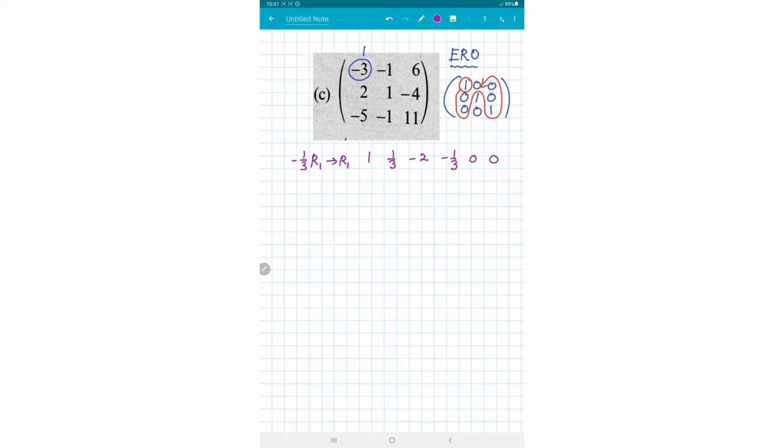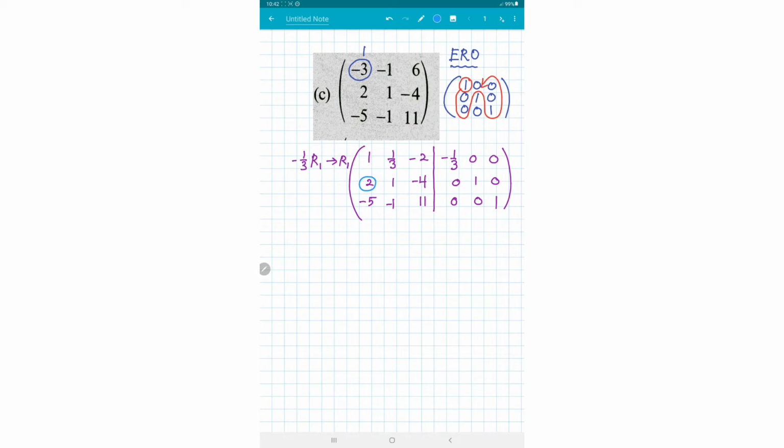The remaining rows stay the same: 2 1 negative 4 0 1 0, and negative 5 negative 1 11 0 0 1. Then don't forget this line.